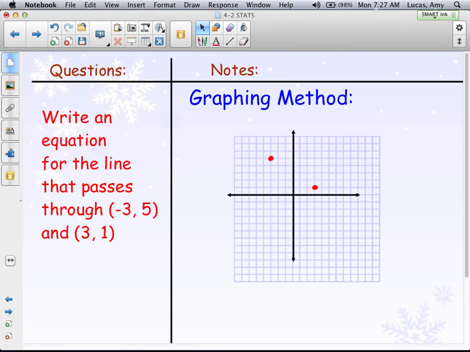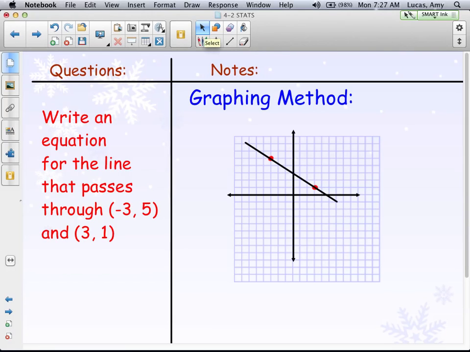I could draw the line through these points and then write the equation. I have to be really careful with my line though. Try to get it as precise as possible.